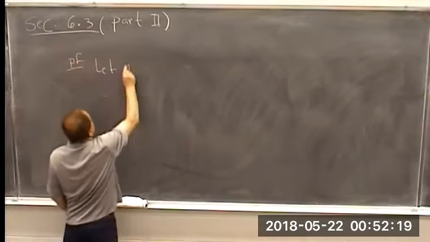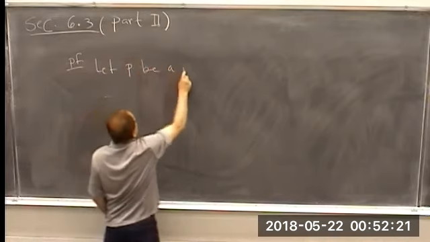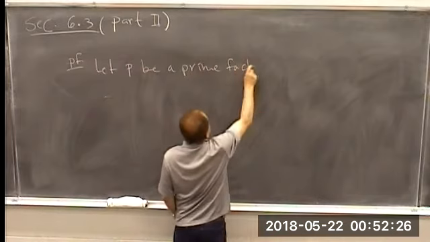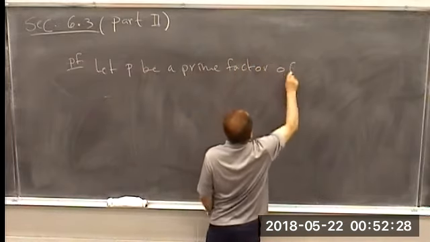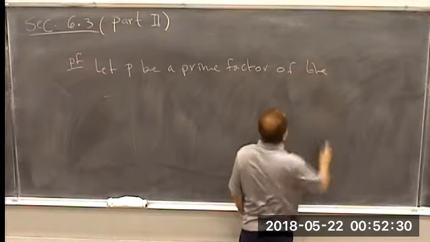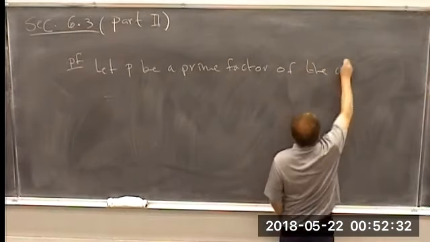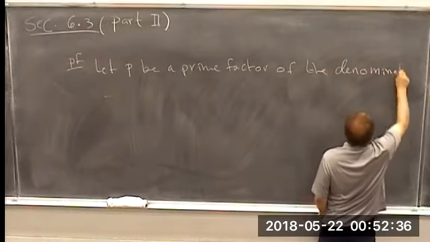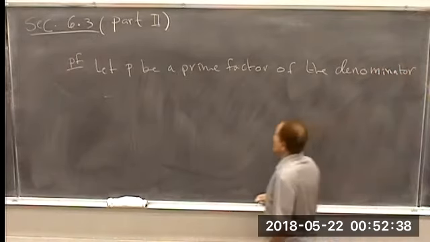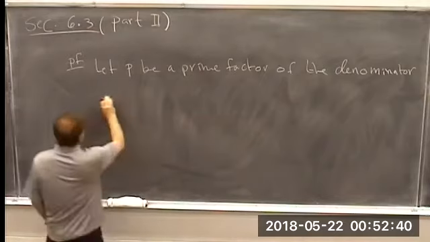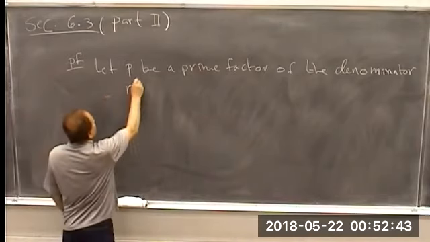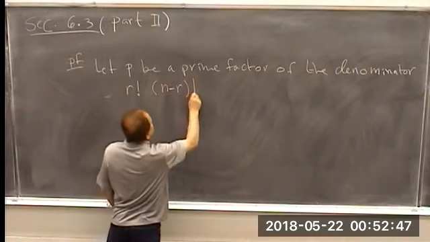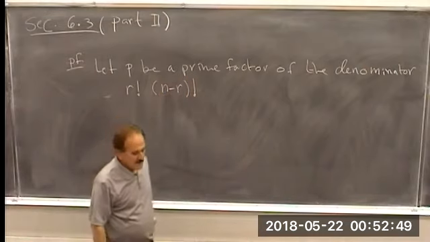Let p be a prime factor of the denominator, which is r factorial times n minus r factorial. All right.